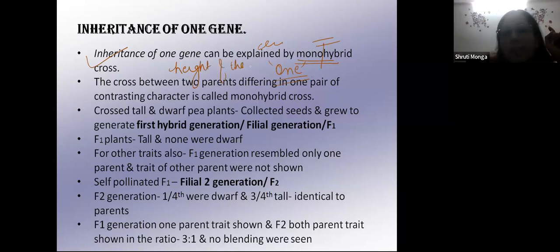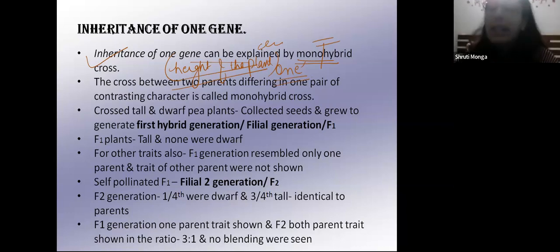He conducted the experiments on pea plants, seeing the inheritance pattern in terms of height. So only one character is there, that is height. That is why the cross he performed was called a monohybrid cross.